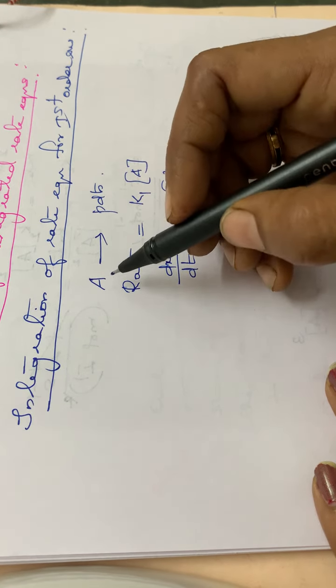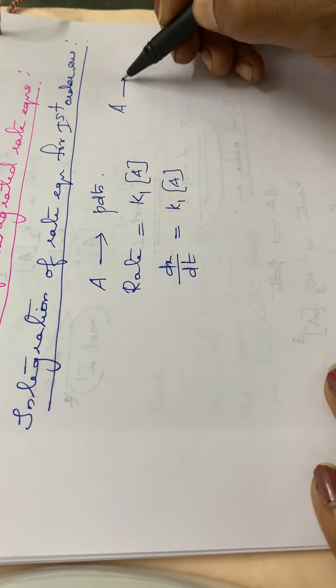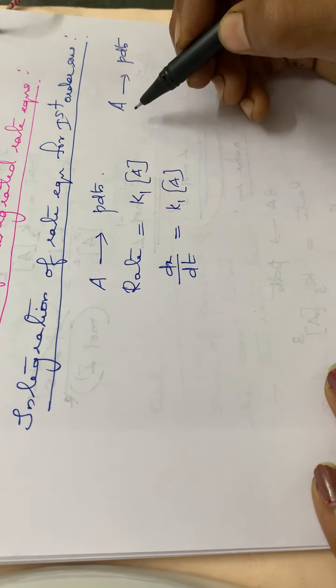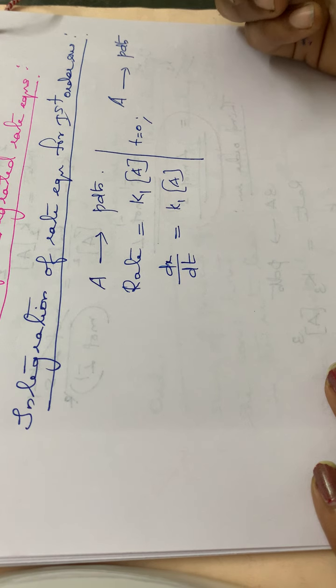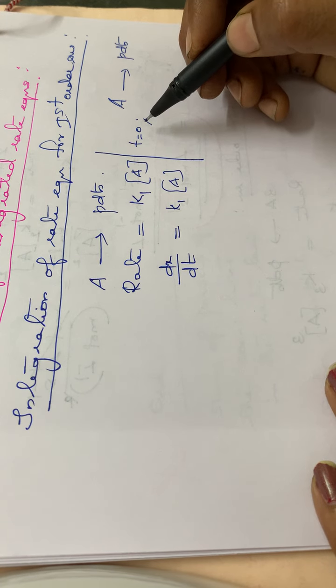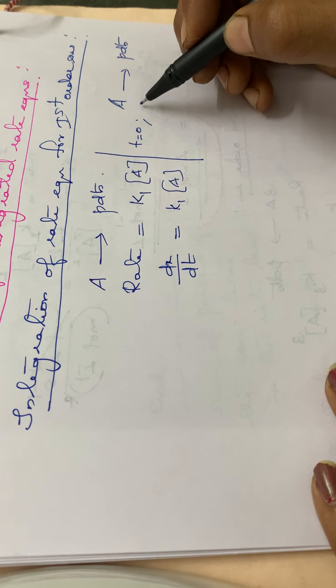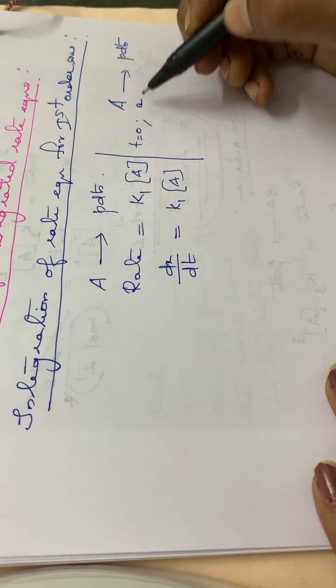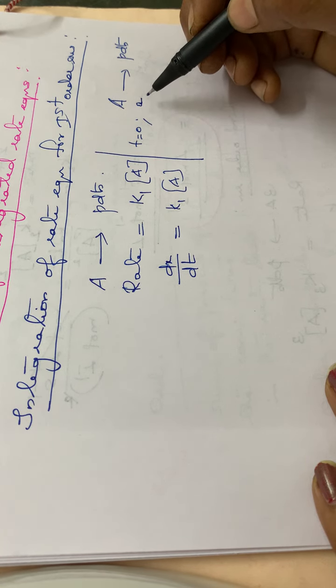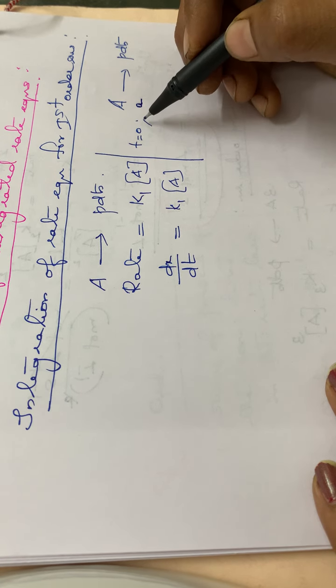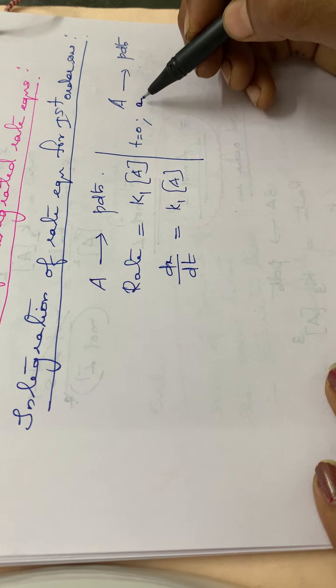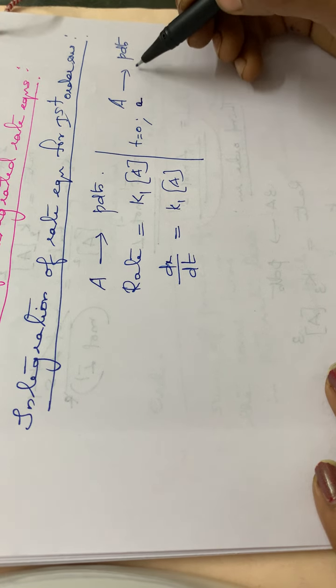At the start of the reaction, that is when time t is equal to 0, what about the concentration? Let the initial concentration of the reactant A be a.